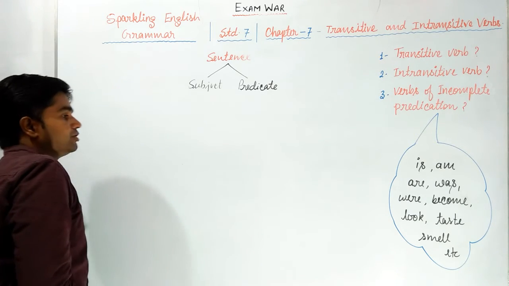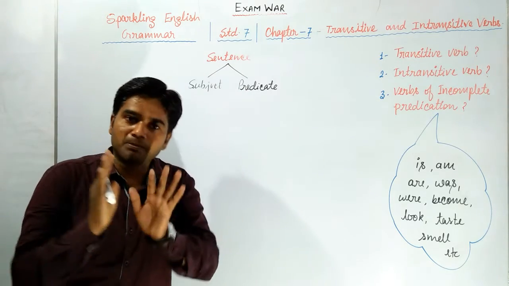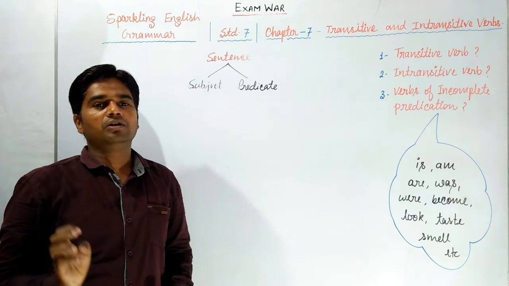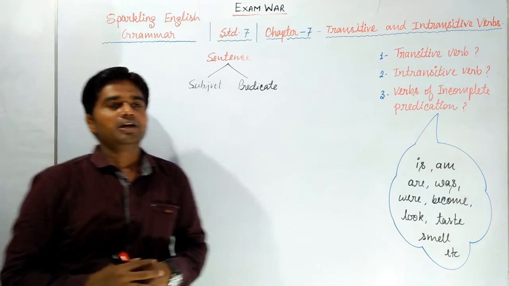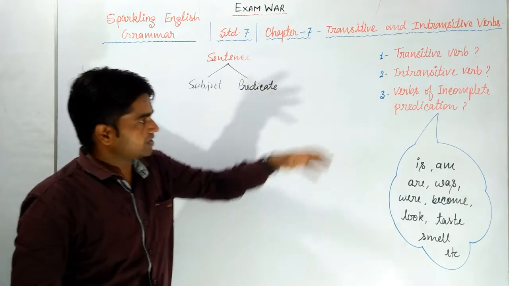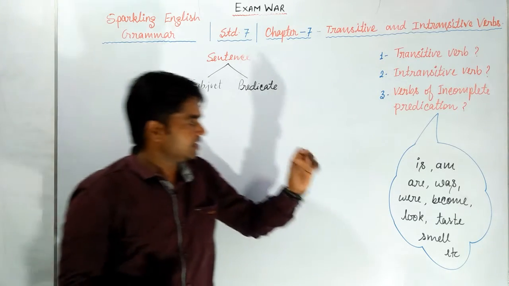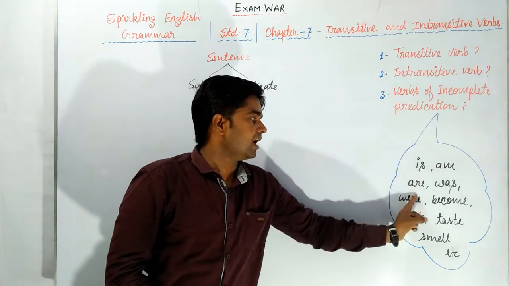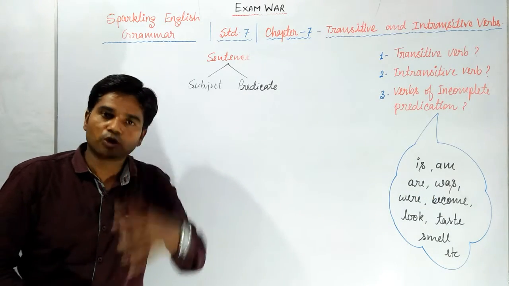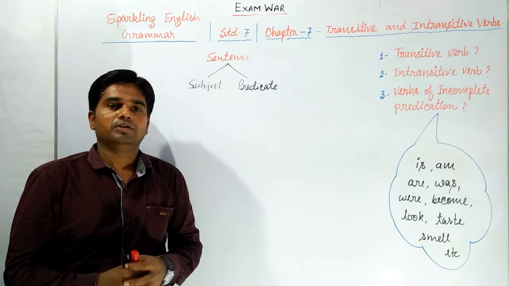I repeat, any verb that requires some words to complete the sense of the predicate is called a verb of incomplete predication. Verbs like is, am, are, was, were, become, look, taste, smell, appear, all these verbs are verbs of incomplete predications.